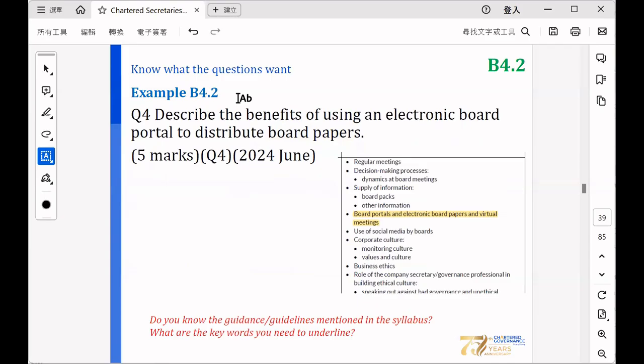All right. The last question for section B is a very simple question on the board portal and how to distribute board papers. This is not a frequently asked question, but you can use your common sense to answer it: why you don't have paper, and why you rely on the board portal.